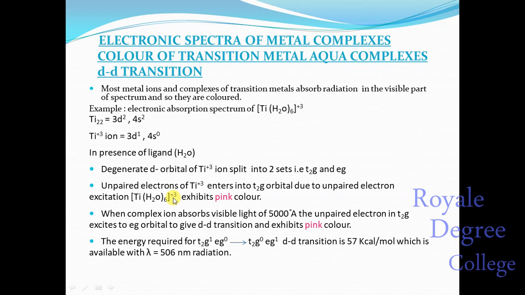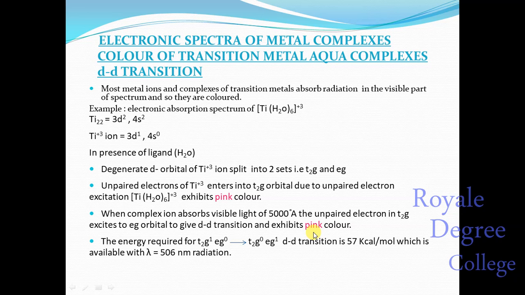This complex ion is exhibiting a pink color. When the complex ion absorbs visible light of 5000 angstrom, the unpaired electron in t2g is excited to the eg orbital, giving the d-d transition, and exhibits pink color.